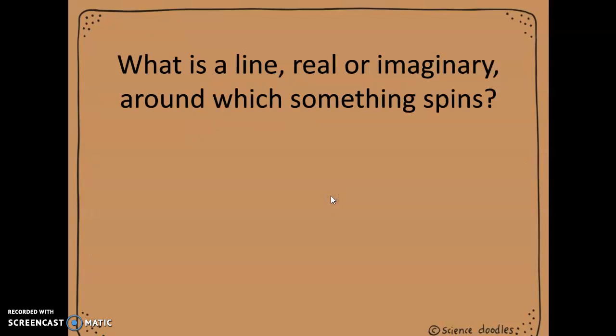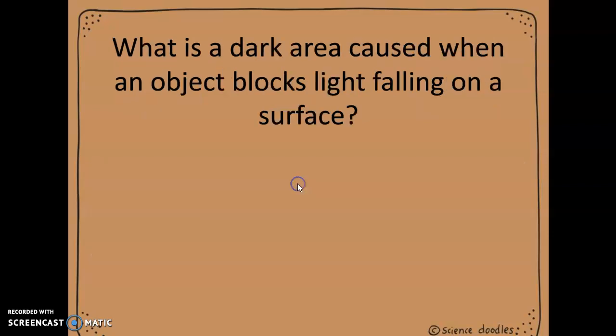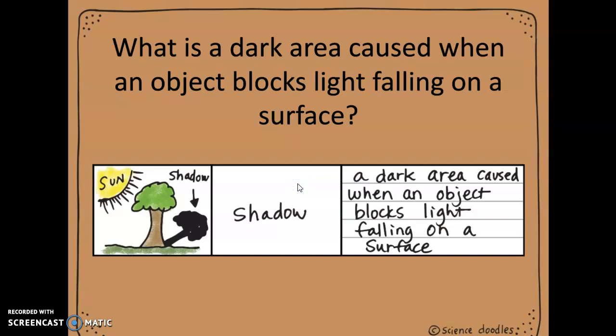What is a line, real or imaginary, around which something spins? If you said axis, you're correct. What is a dark area caused when an object blocks light falling on a surface? If you said shadow, great job.